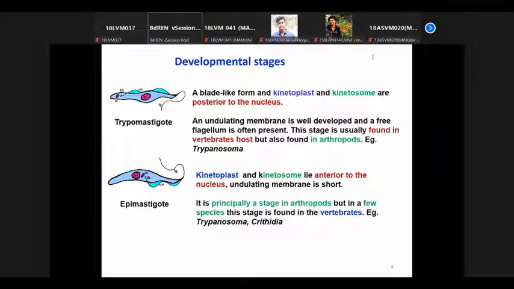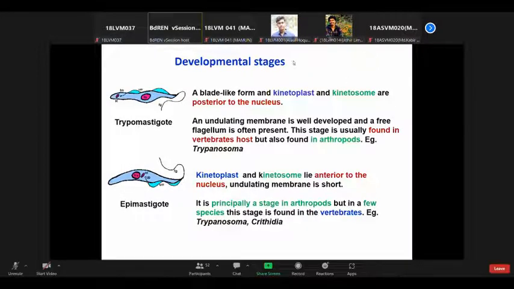And this stage is principally found in arthropods. Just reverse, okay? Try to remember: kinetoplast and kinetosome are posterior to the nucleus in trypomastigote, and in epimastigote, kinetoplast and kinetosome are anterior to the nucleus. Undulating membrane is well developed in trypomastigote, and in epimastigote the undulating membrane is short.